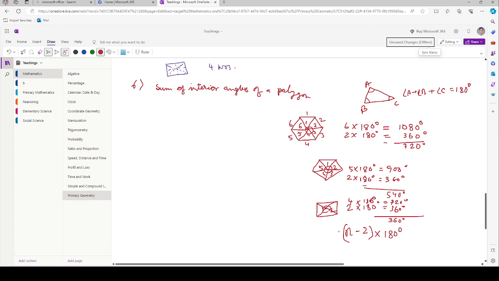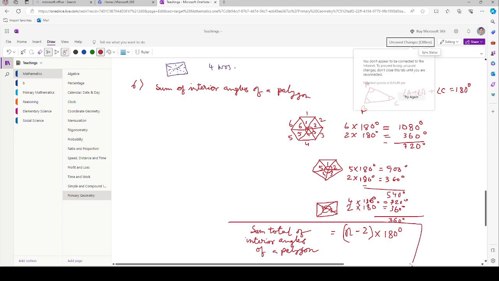Then we will get the sum total of interior angles of a polygon.